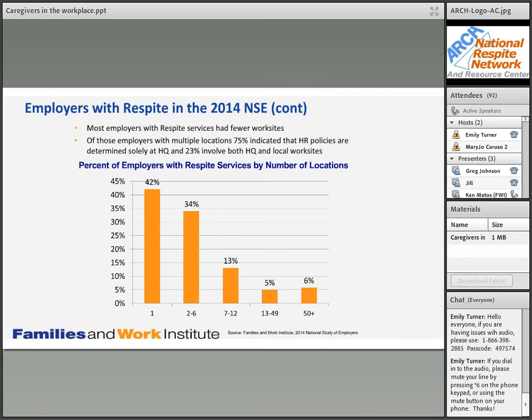Note that what we also found was that about 75% of the employers in this group indicated that their HR policies were determined at HQ when they had more than one work site. Only about 23% said that the local work sites and the headquarters had mutual influence.